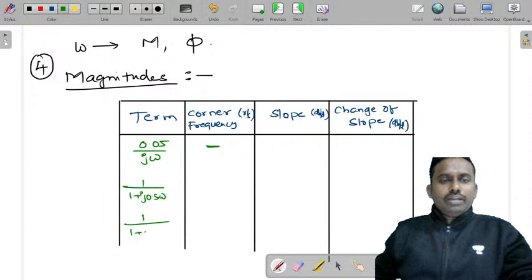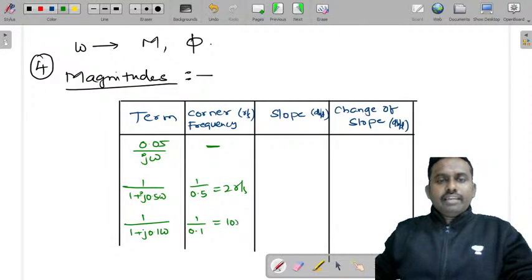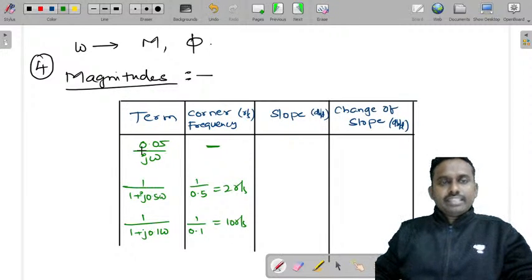Next, 1 by 1 plus j 0.1 omega. So this has a corner frequency 1 by 0.5, 2 radian per second, and 1 by 0.1, 10 radian per second. You also have to write these terms in an order such that the corner frequencies are in increasing order.